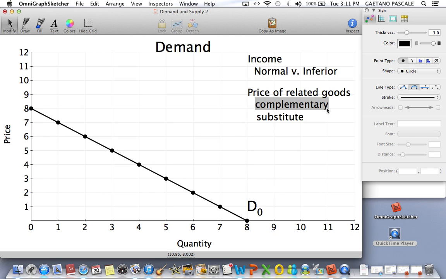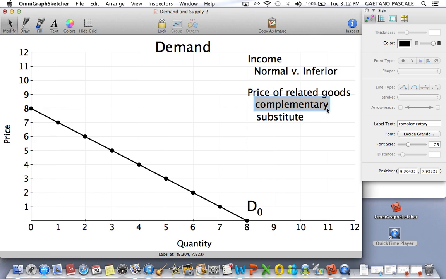So realize that if a complementary good goes up in price, the demand for the other product will go down. The price of a complementary good is inversely related to the demand for another good.